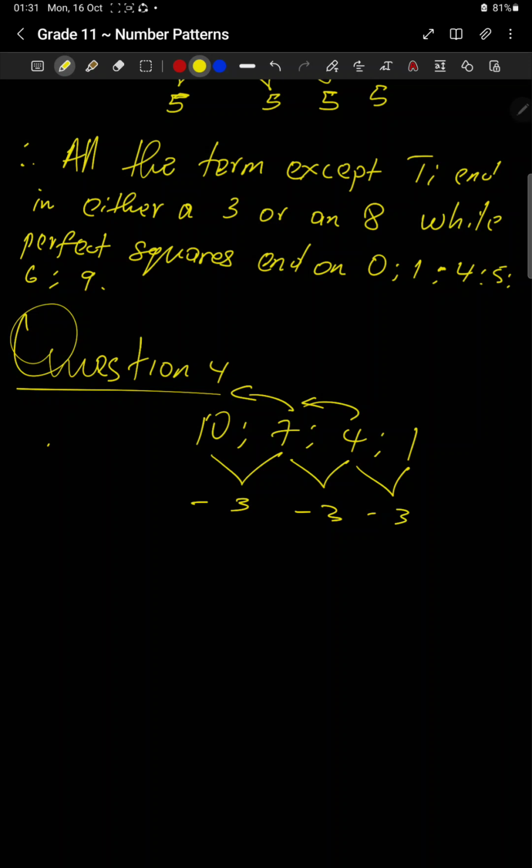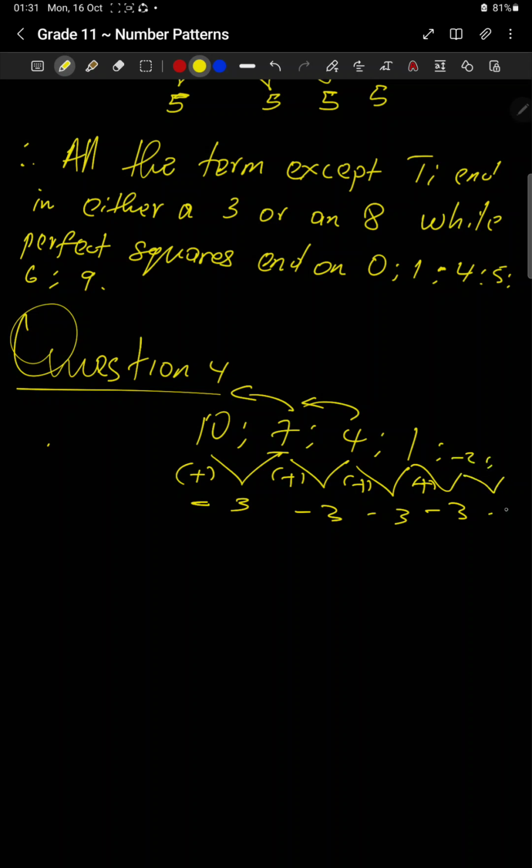All right, so this is a linear sequence, of course. In order for us to get the next term, -3 plus 10 must be 7, -3 plus 7 must be 4, and -3 plus 4 must be 1. And then what will be the next? -3 plus 1 must be -2.